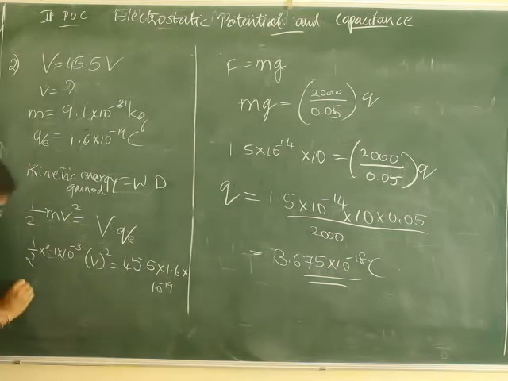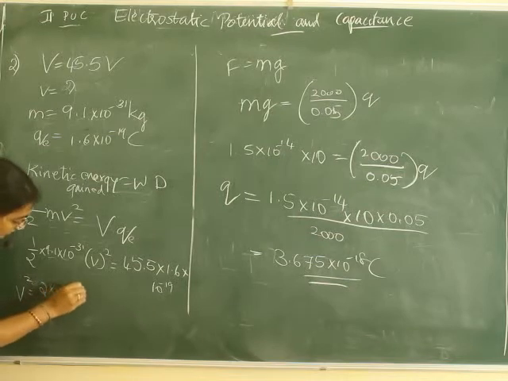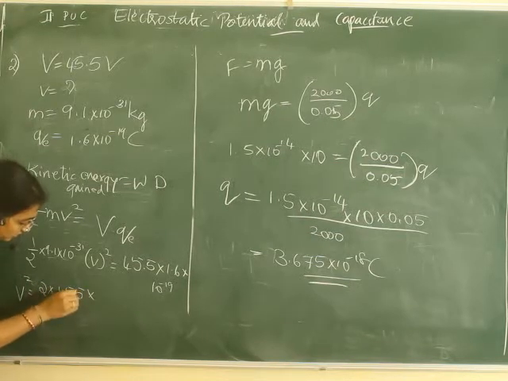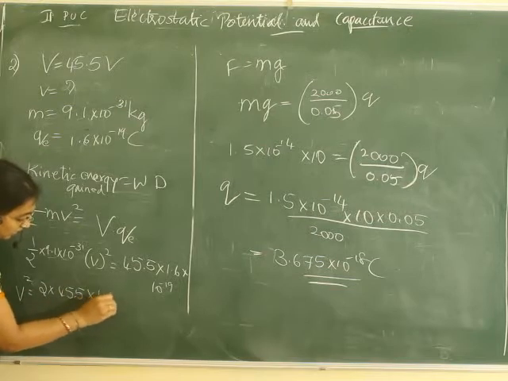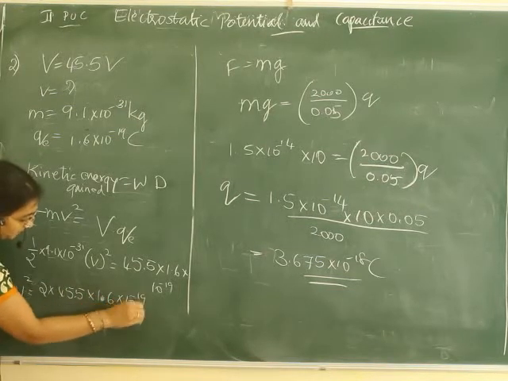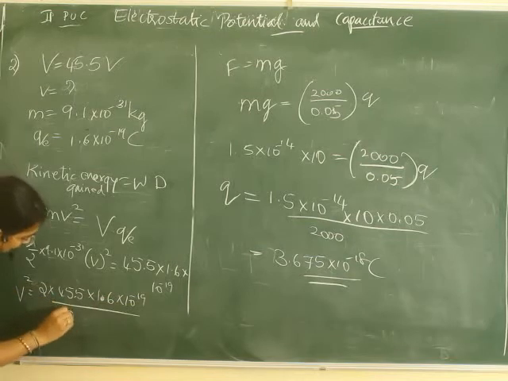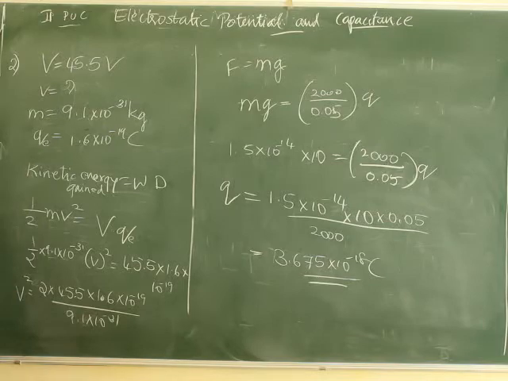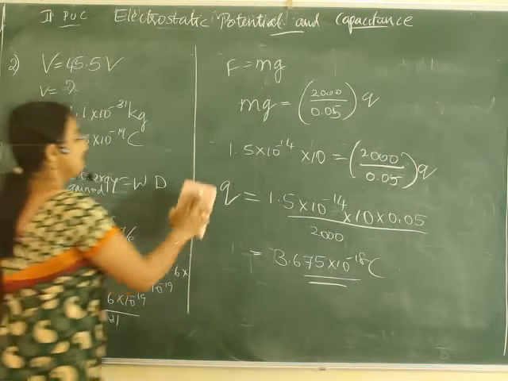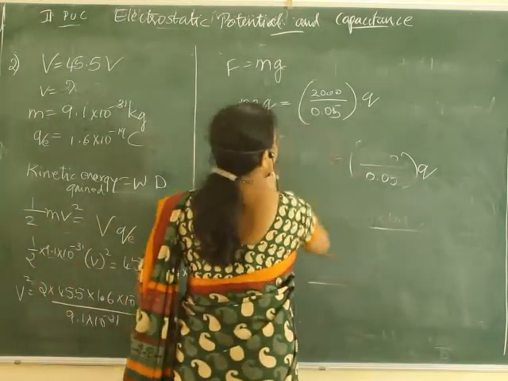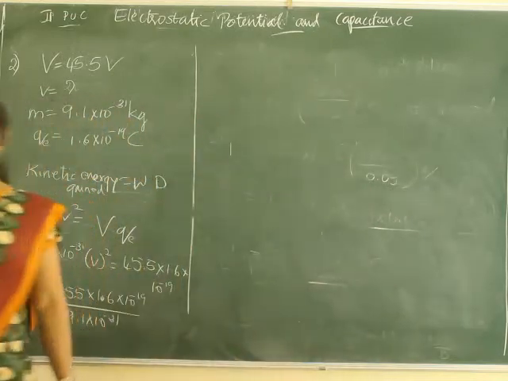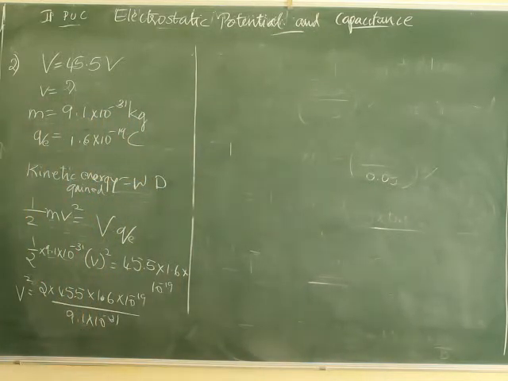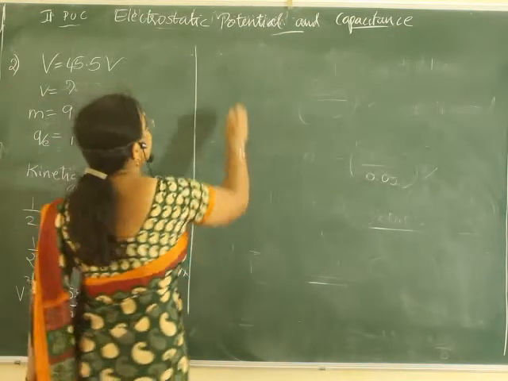So v square is equal to, correct? What is the answer you get? We get the answer here: v is equal to 4 into 10 to the power 6.